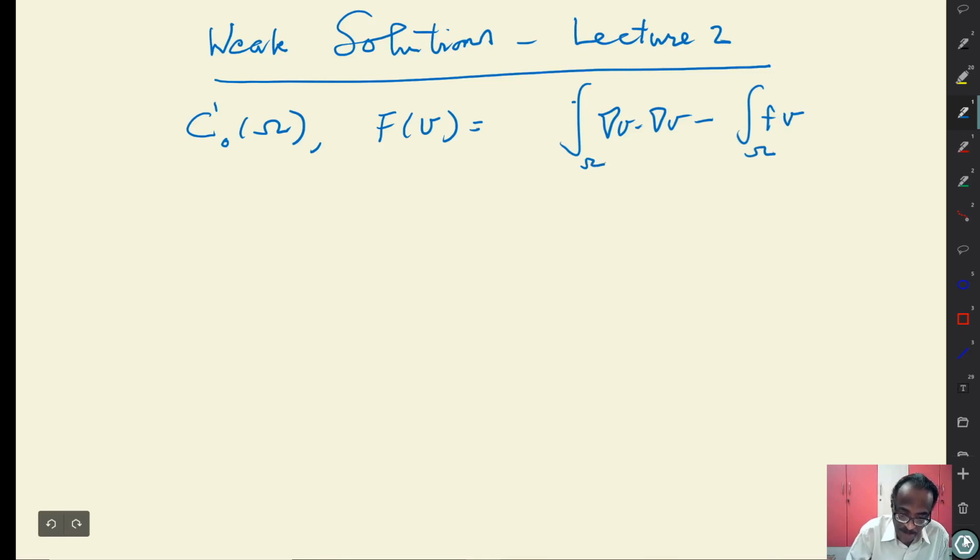Then we have seen that if u is a solution such that F(u) is equal to the minimum of F(v).